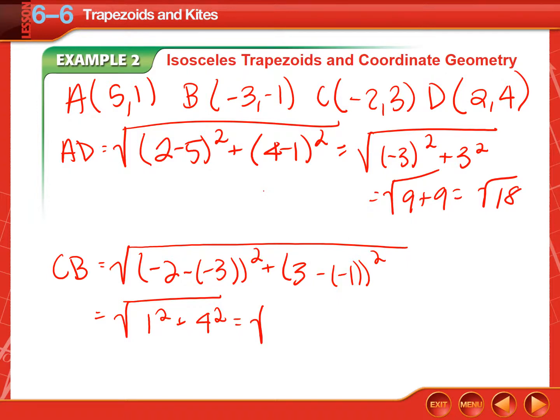And now we've got 1 plus 16, square root of 17. Therefore, because the legs are not congruent to each other, it is not going to be an isosceles trapezoid.